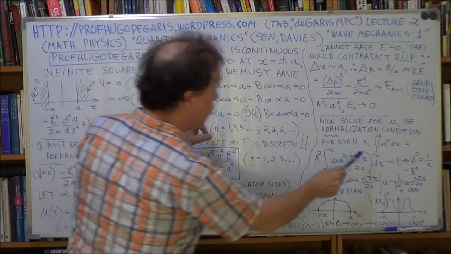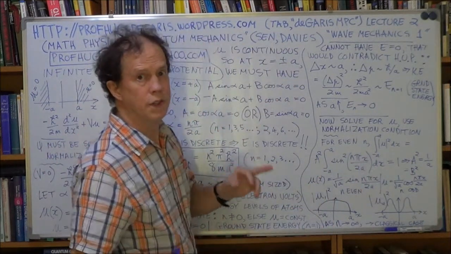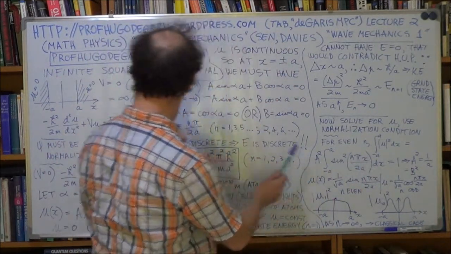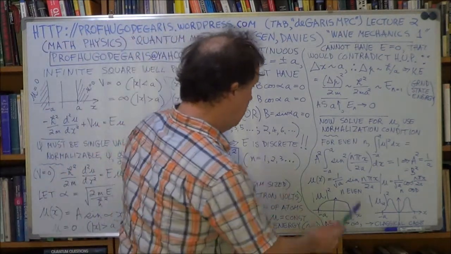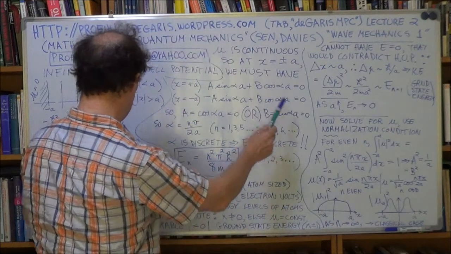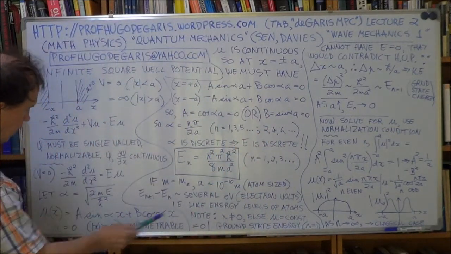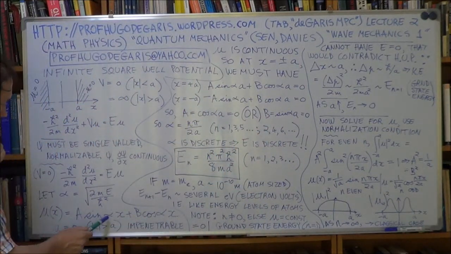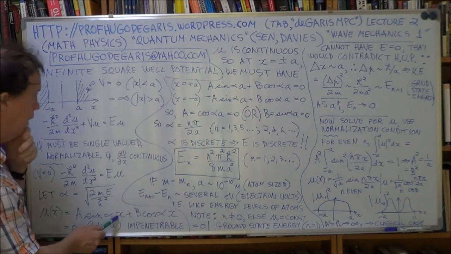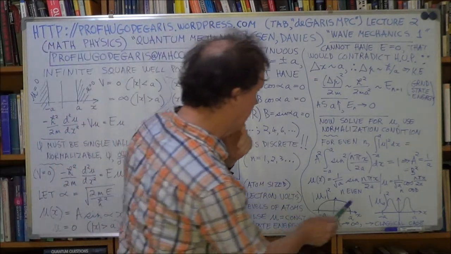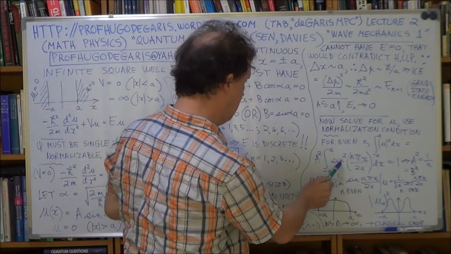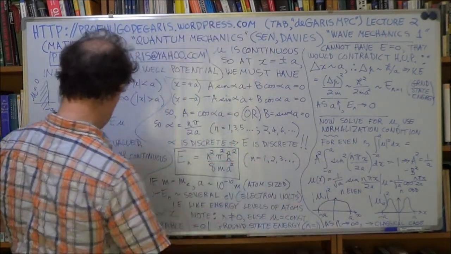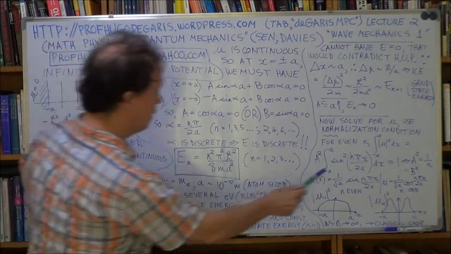So we're going to use this condition to give us a solution for A. Now, what is big A? When B is 0, this drops away, and you're just left with big A sine alpha x. So plug that in and square it. You'll get A squared sine squared alpha x.